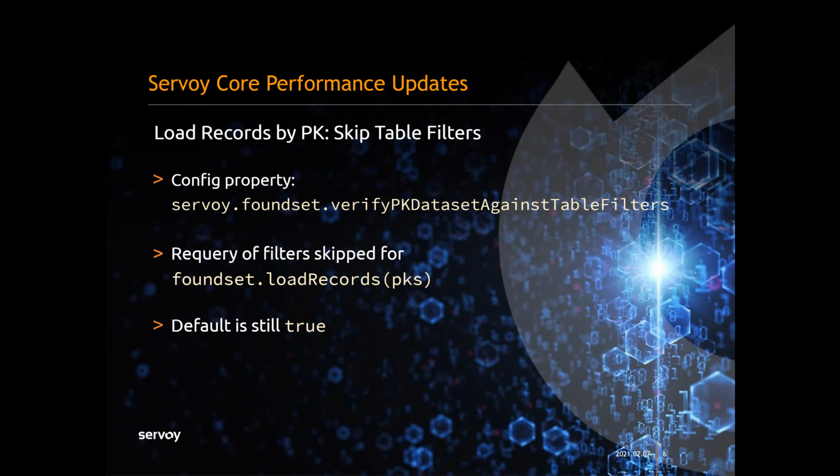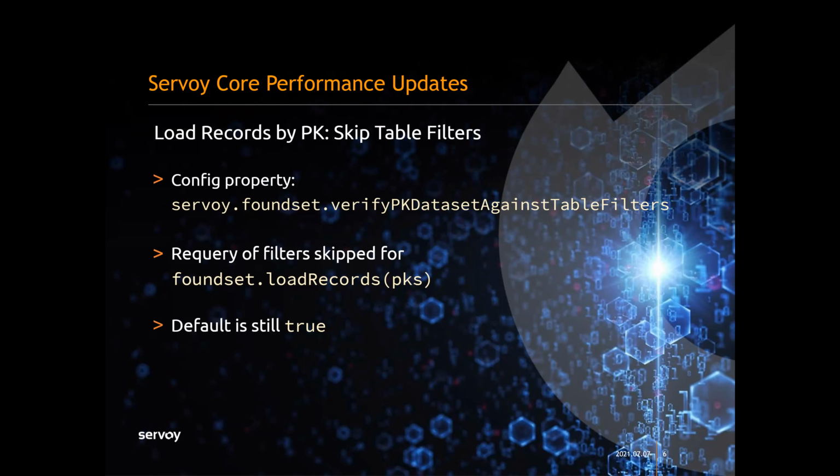Another performance update. We have another config property which allows you to bypass the table filters when you're loading records with primary key values. So this is another config property that you can sneak in there. Again, there's no change to the default, so if you ignore what I'm saying, nothing new will happen when you run this.